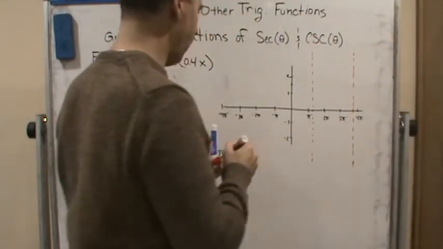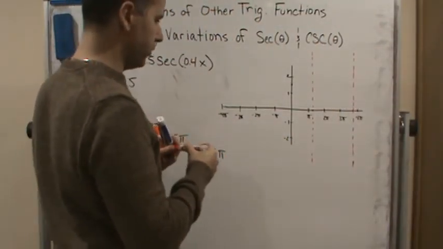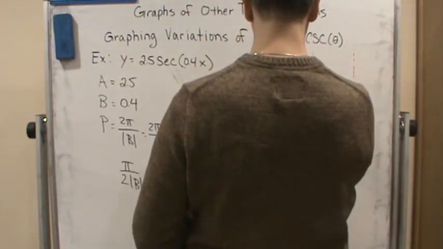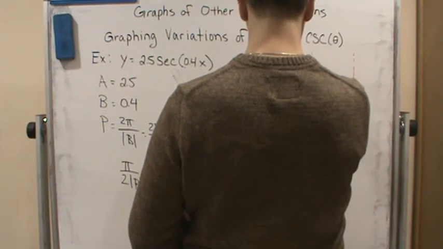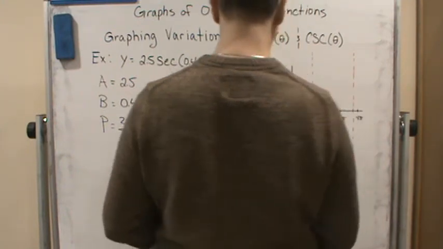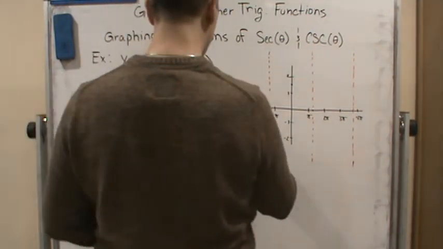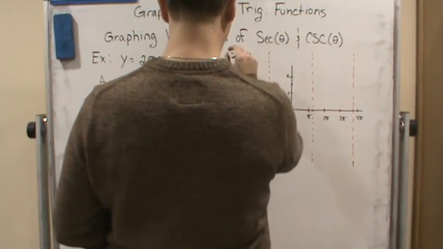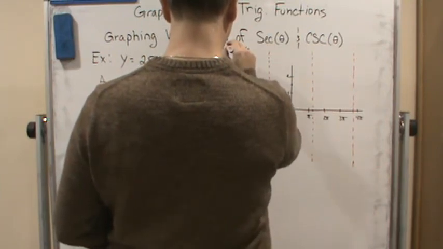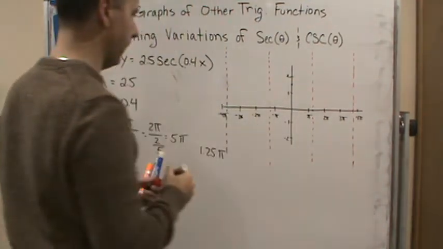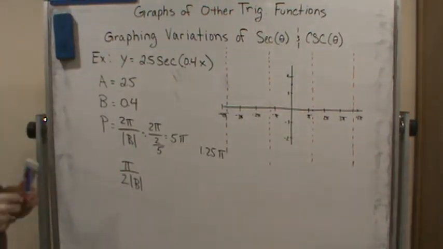And the other one is going to be over here, right here. And then another right there. And so there are the asymptotes.